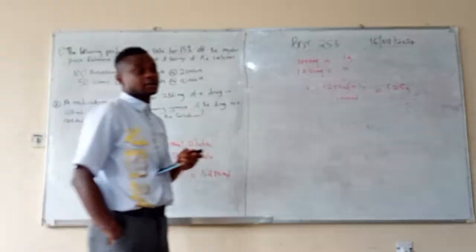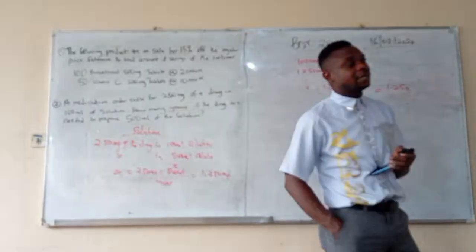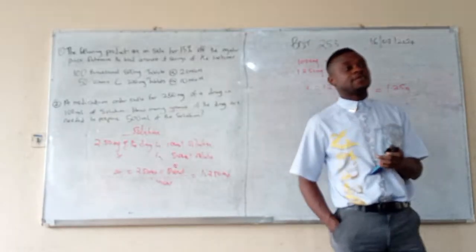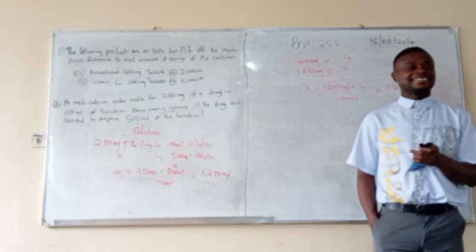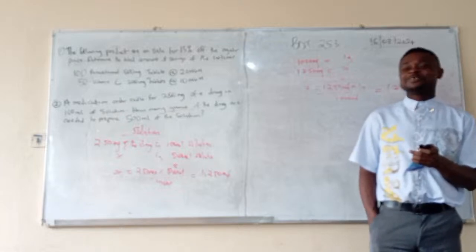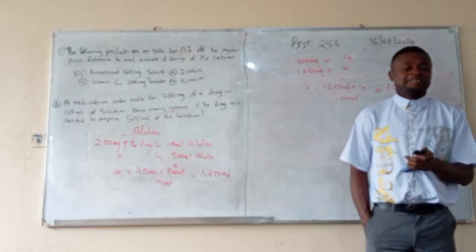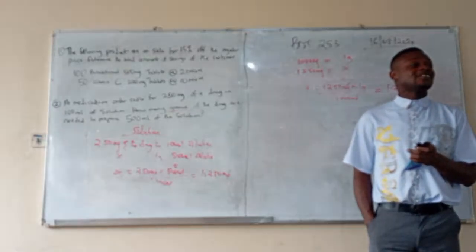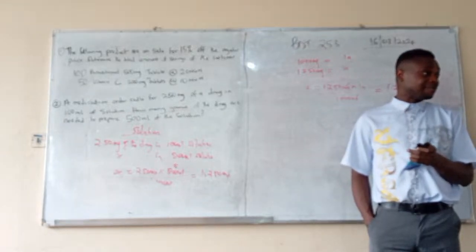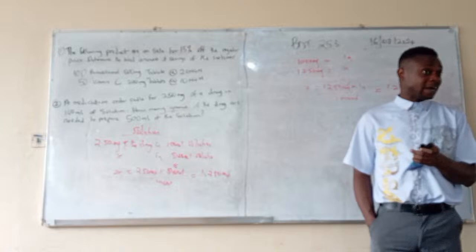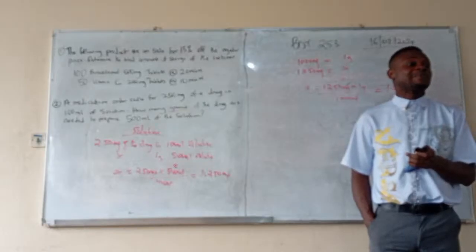The amount of the medicine. So which one is now the concentration of the drug in the medicine? We are just calling the amount. The amount of the drug in the medicine is 1.25 gram, right? Of the drug, 1.25 gram. Medicine is 500 ml. Now, what is the concentration of the drug in the medicine?